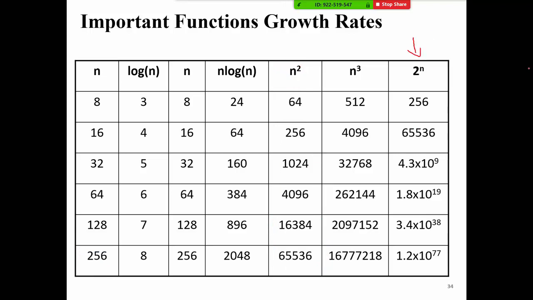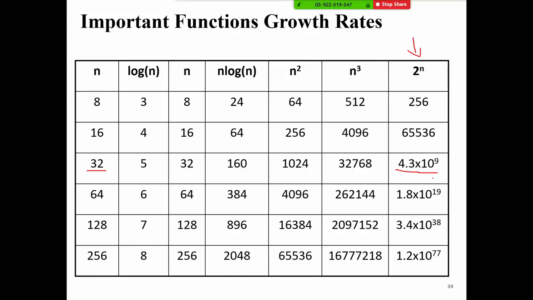So whenever you program something and you come up with a method for your algorithm, try to avoid having exponential time complexity. You can see here, even for 32 elements, you get 4.3 times 10 to the power 9. That is a very bad number of units of time.